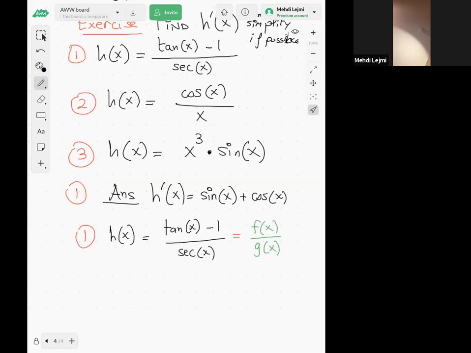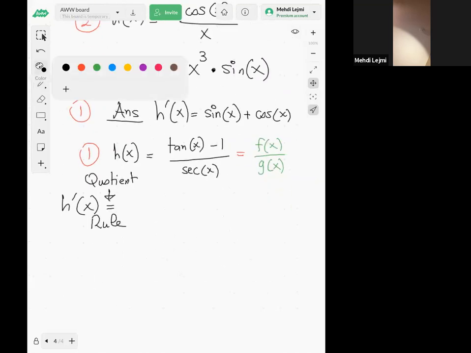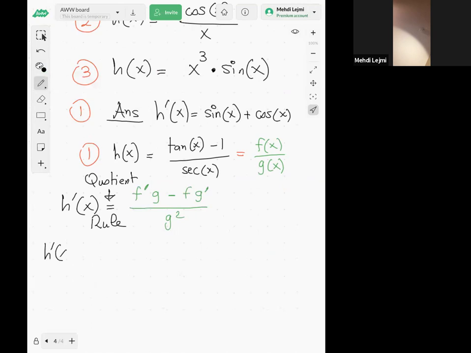So h prime of x should be, by the quotient rule, f prime times g minus f times g prime over g squared. So let's see, h prime of x, first f prime.